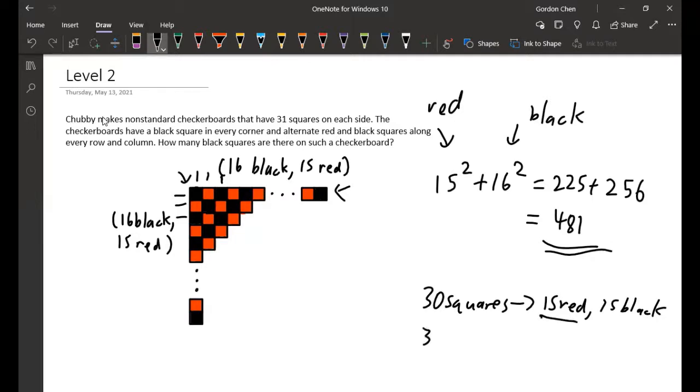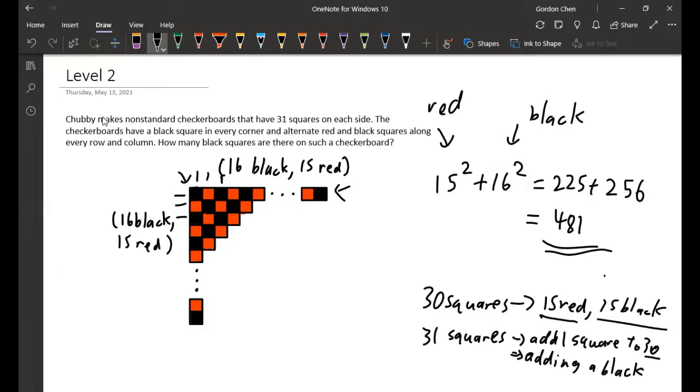And then so 31 squares, which means we add 1 square to the 30 squares, which is alternating, so it's adding a black, and that makes it 16 blacks. So we have 16 blacks and 15 reds on both sides.